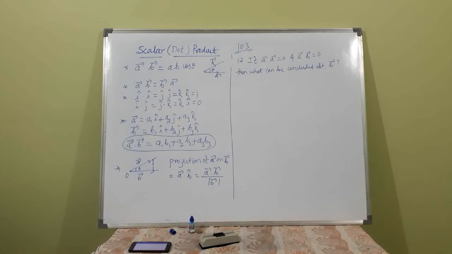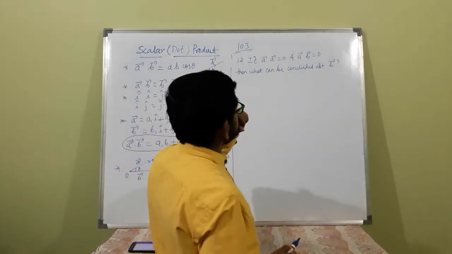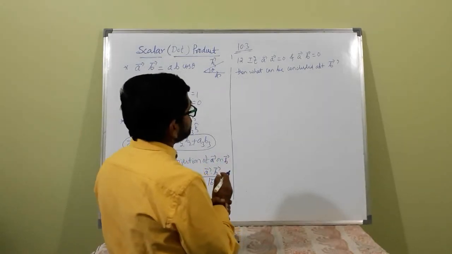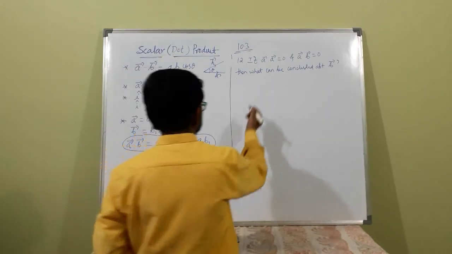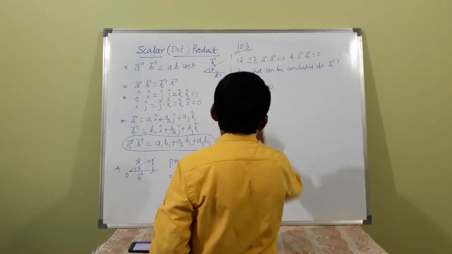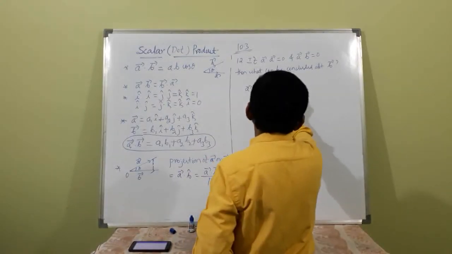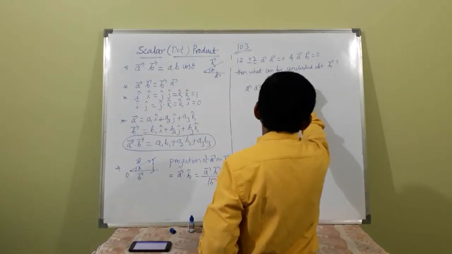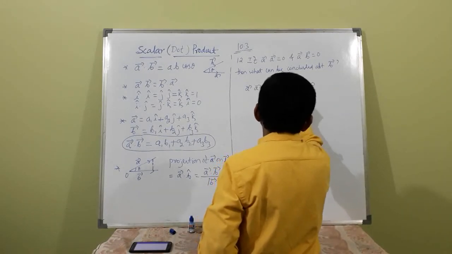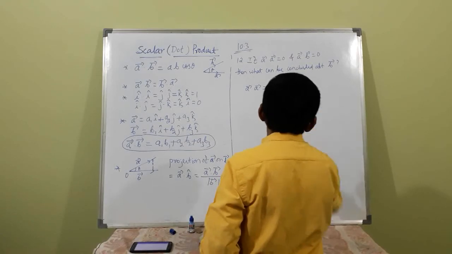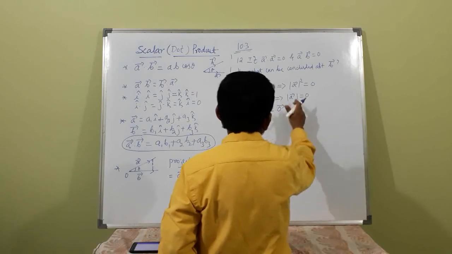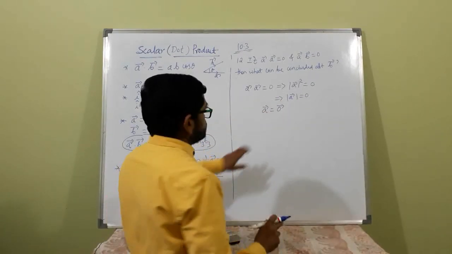12th question is, if A dot A is equal to 0 and A dot B is equal to 0, then what can you conclude about vector B? A dot A is equal to 0 implies magnitude of A squared is equal to 0. That is, magnitude of A is 0, or A is a 0 vector. See the difference. This is a vector.